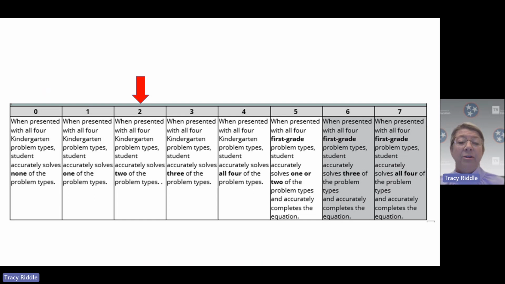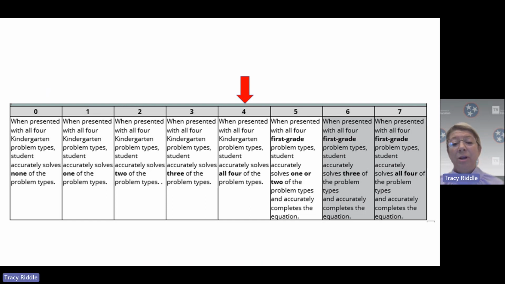If the student accurately solves 2 of the problem types, that is the score of a level 2. If the student is able to solve 3 of the problem types, that is the score of a level 3. If the student is presented with all the 4 problem types and they accurately solve all 4, that is the score of a level 4.